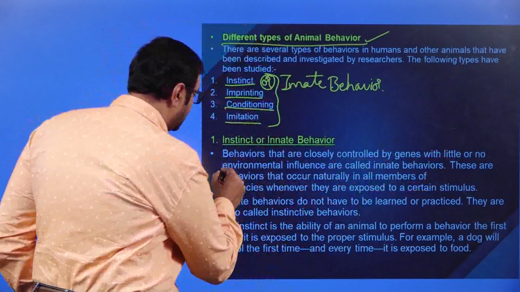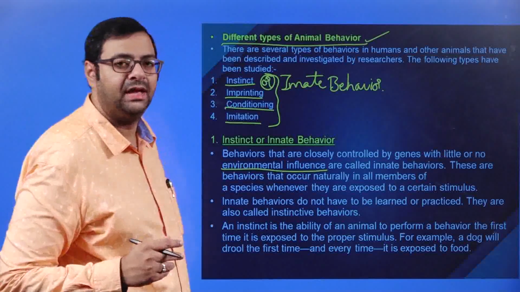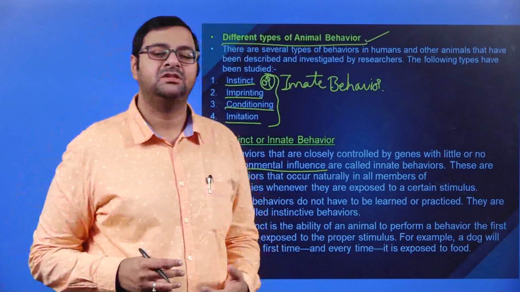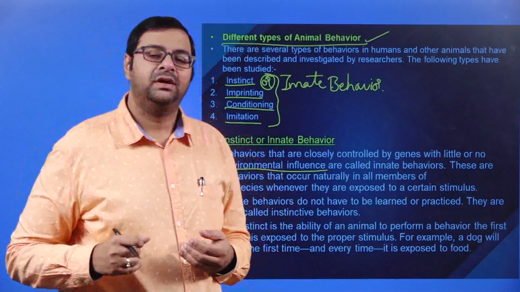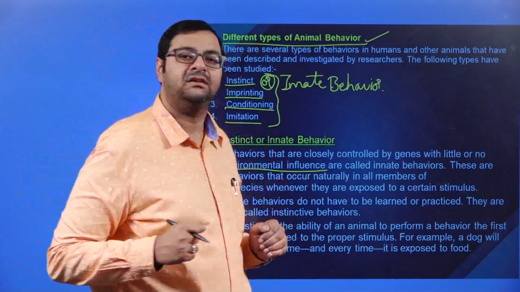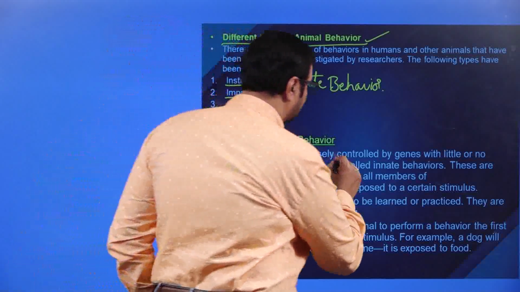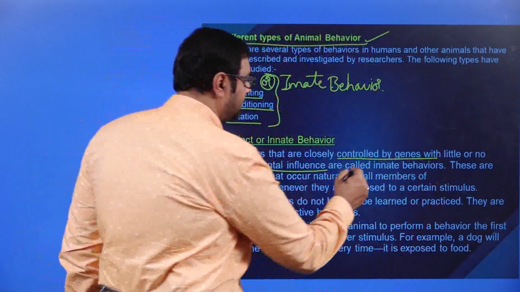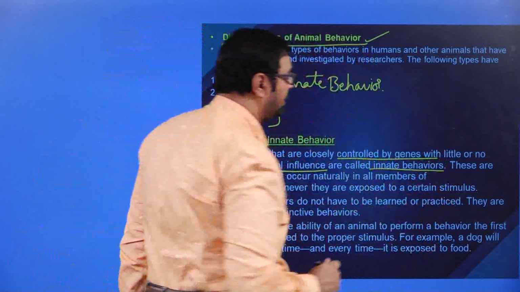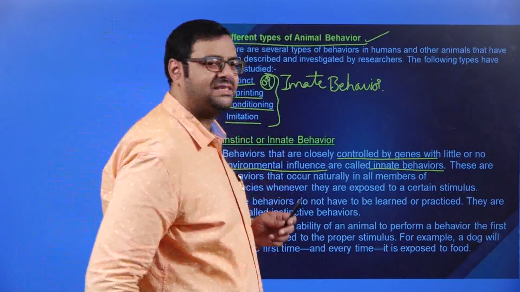So no environmental influence is required. The development of a baby in the mother's womb is not influenced by many factors of the environment. It is all controlled by genes, which is why these are called innate or instinct behaviors.